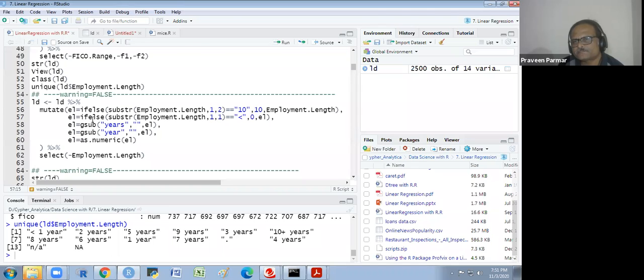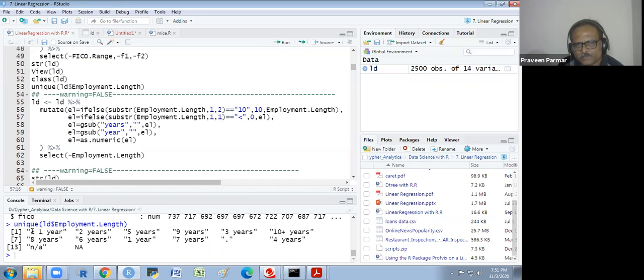Then the second part. I am again using if else, and this is for this symbol. If some category has a smaller than symbol, then it should be 0. Instead of all this, if it catches only the first place, 1 to 1, I am using the substring function 1 to 1.